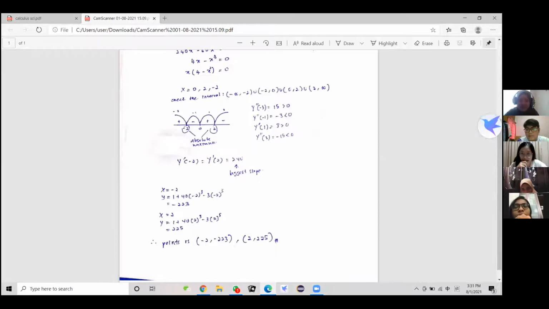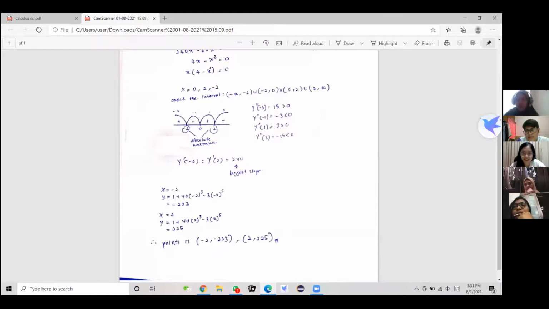After we find the critical points, we know that 2 and -2 are the maximum, right? We substitute them in the first derivative we did just now to find the slope. So now we get 240 as the biggest slope.